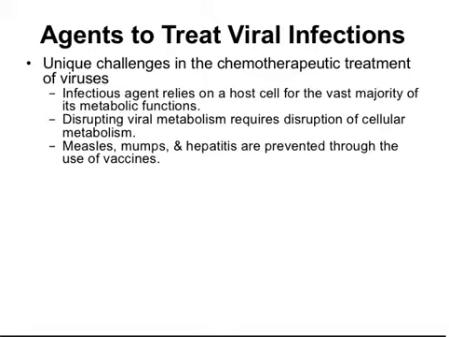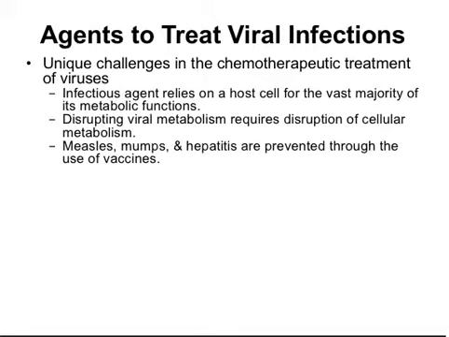Measles, mumps, and hepatitis are prevented through vaccines, and this is a different method of avoiding infection via virus, because in a vaccine what you do is you prompt the immune system for the presence of a particular antigen, which is on the surface of the pathogen you're trying to prevent.